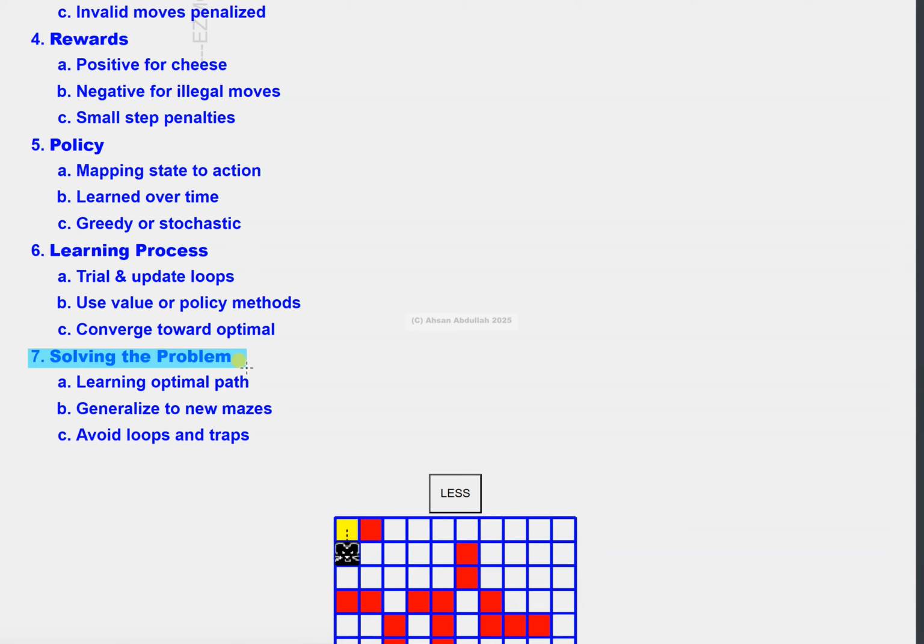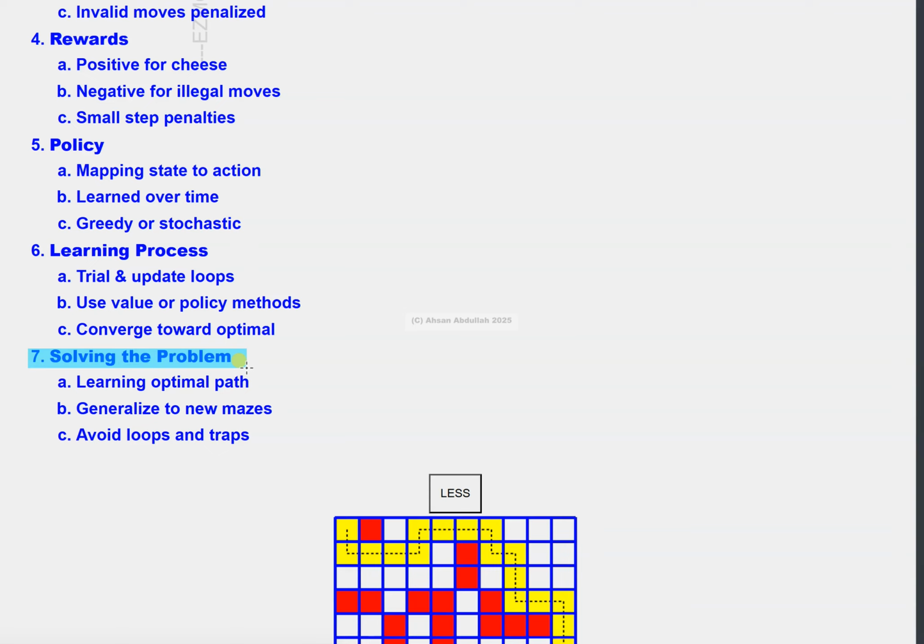So what is meant by solving the problem? Solving the maze means the agent's policy reliably guides it from many starting positions to the goal with minimal cost by avoiding the traps. Traps are not shown here, avoiding the loops and suboptimal detours.